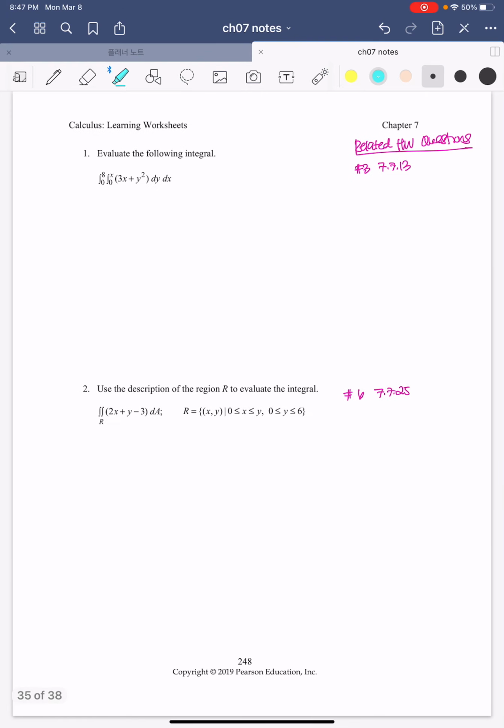Let's start with a warm-up problem just to get used to the notation and how to take the integral over more general regions. The first example: evaluate the following integral. We have 0 to 8, and then the second integral from 0 to x, dy dx.